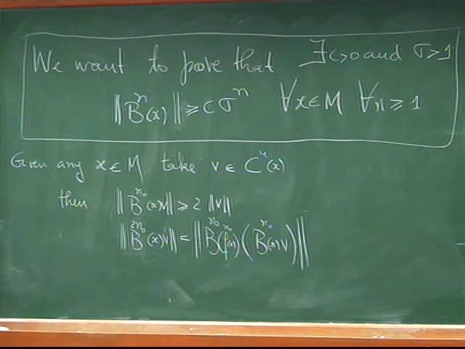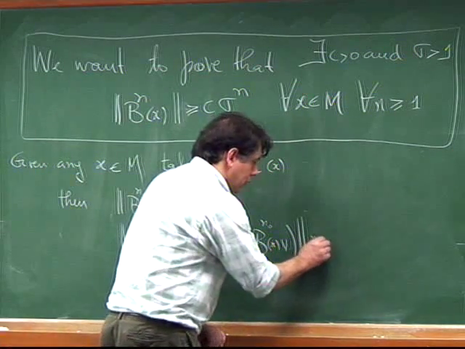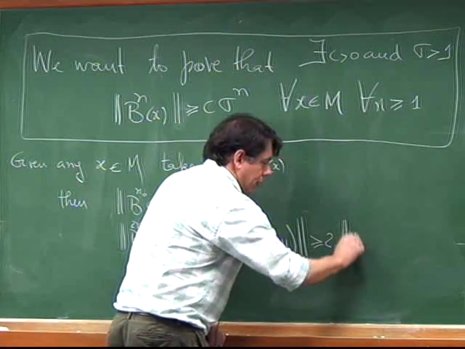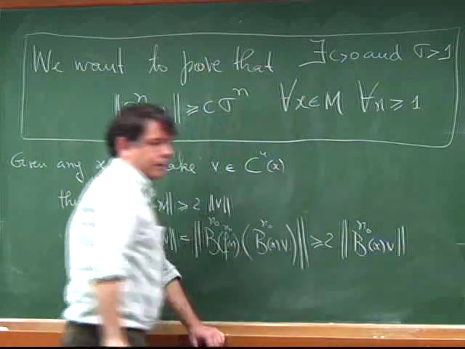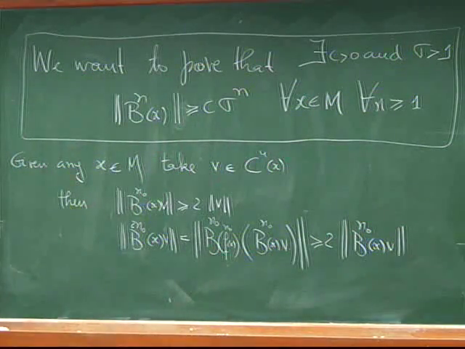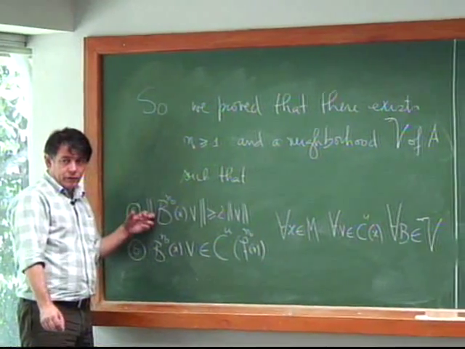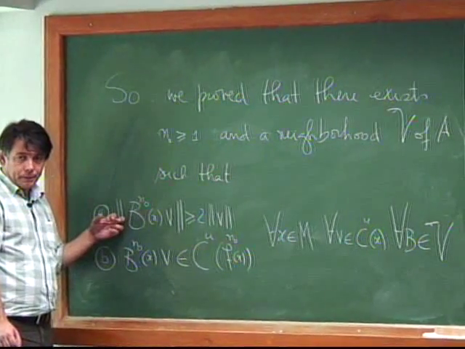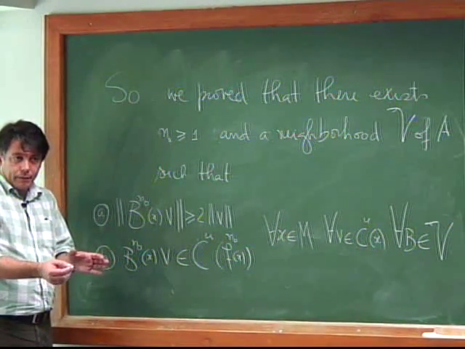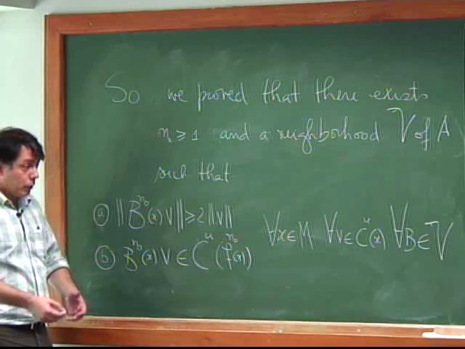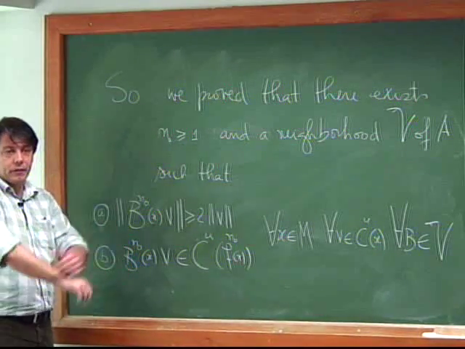So this is bigger than 2 times the norm of B^n0(x)v, because of this and because of this. We know that vectors in the cone get multiplied by 2, and we also know that at the end, they are still in the cone.